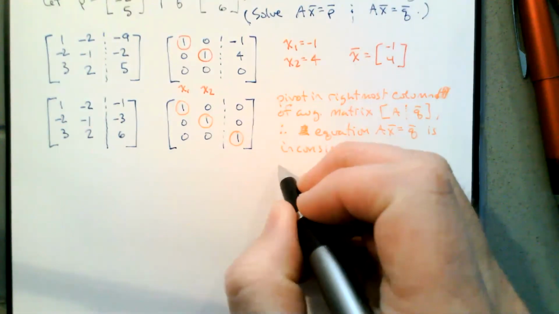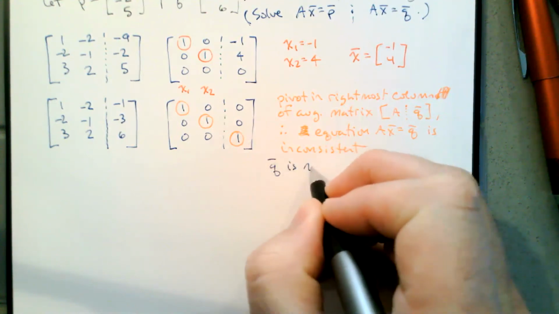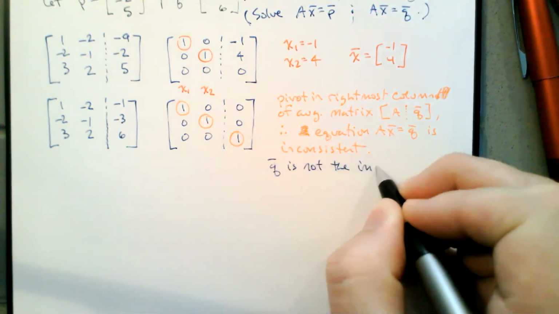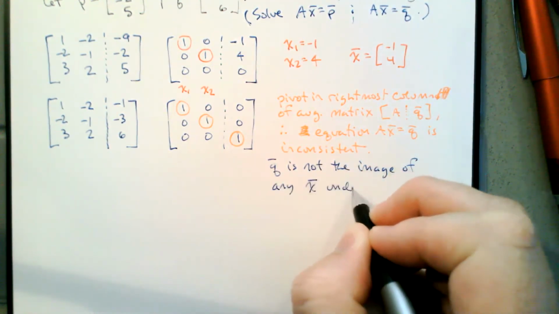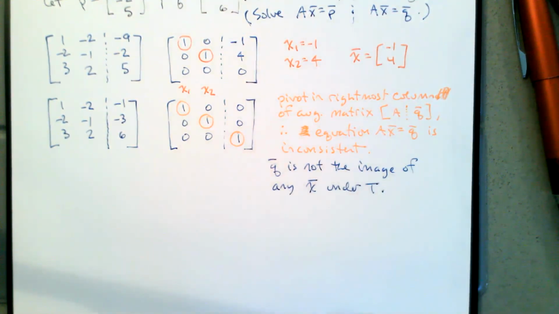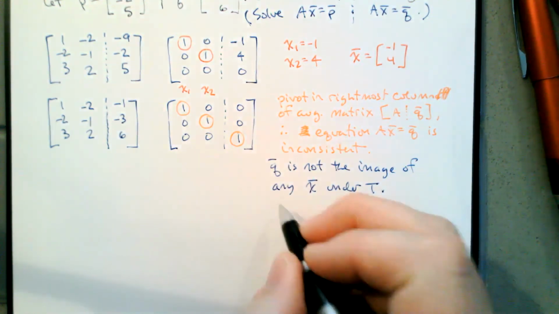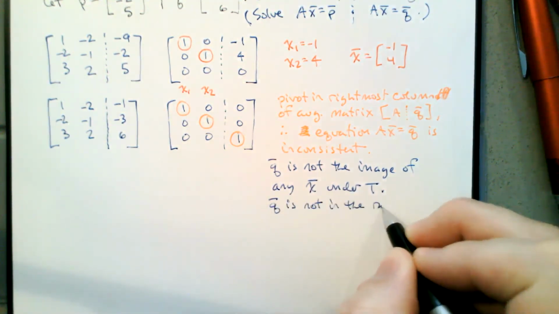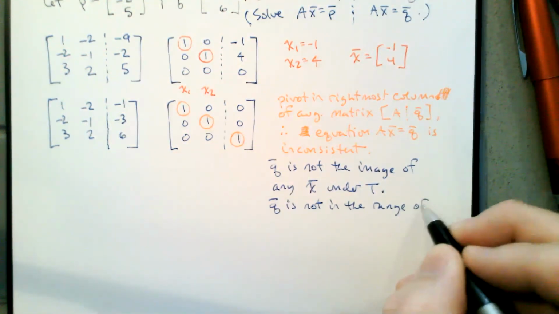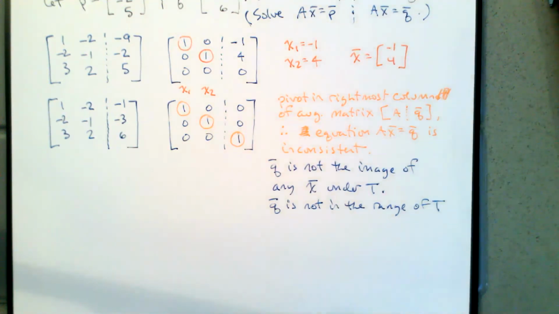Q is not the image of any x under T. We could also say this by saying Q is not in the range of T. Remember, we're making distinctions between comments about matrices, comments about equations, and comments about transformations.